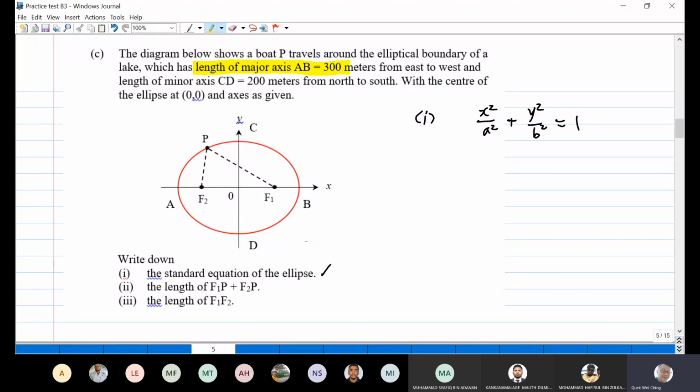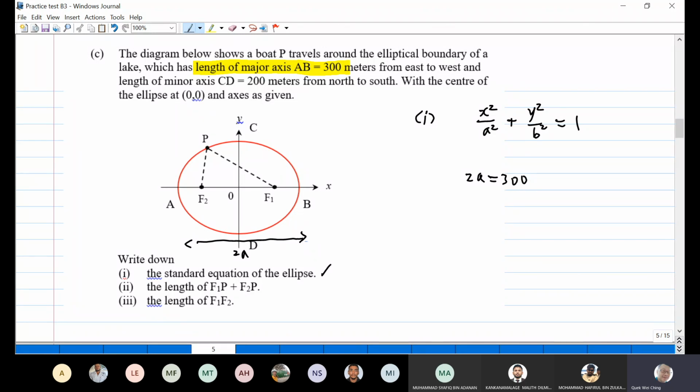From A to B is the length of major axis, and usually the length of major axis is called 2a. So 2a is equal to 300.